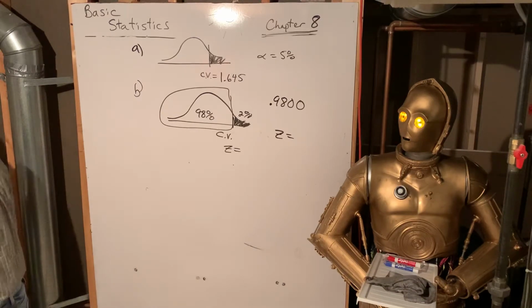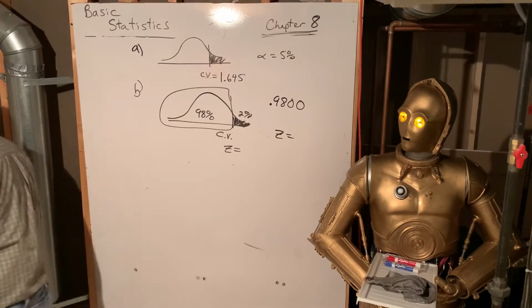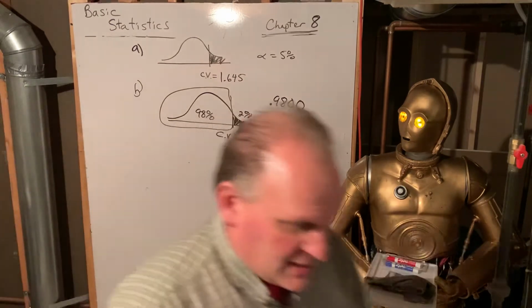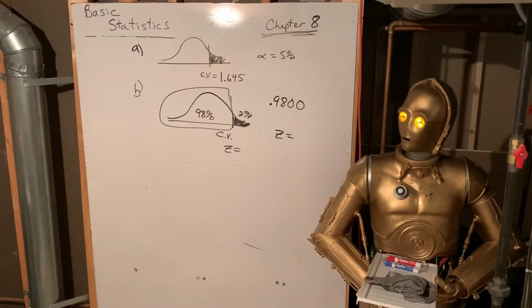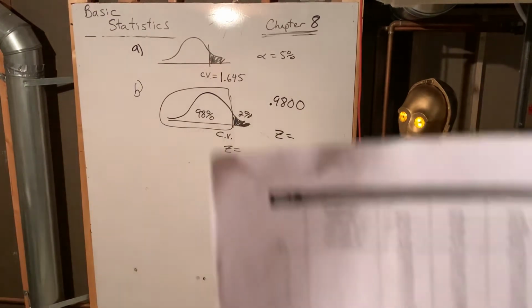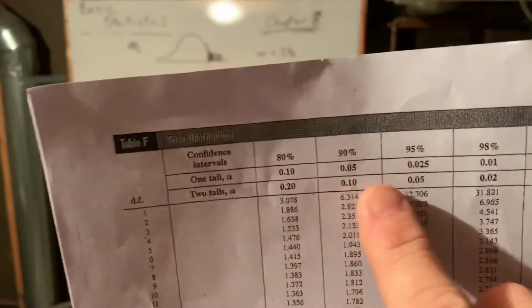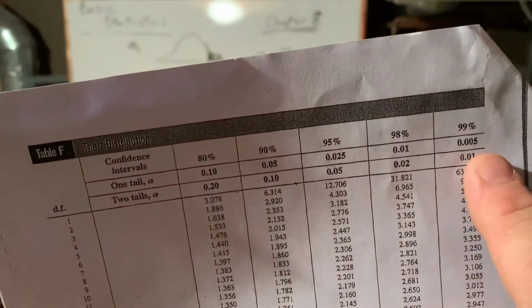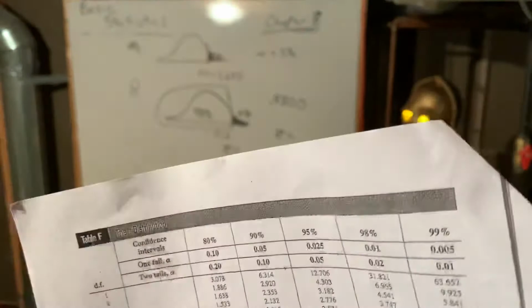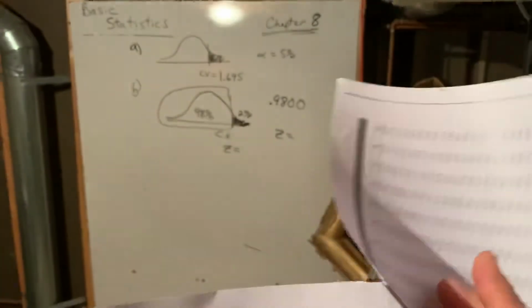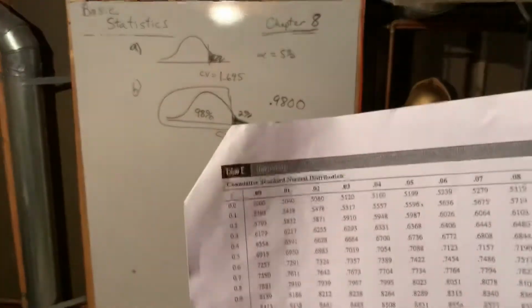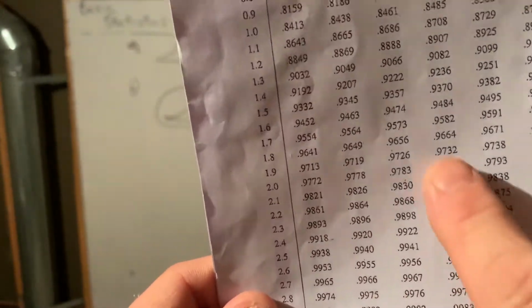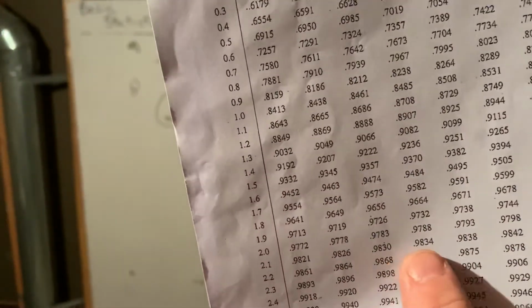So first, we would have gone to table F, but that's not going to work because when I look at table F, there is no 2% across the top. One tail, I got 10% or 5% or 2.5% or 1% or 0.05%. So what we're going to do is pop in here, find 0.9803 right there.